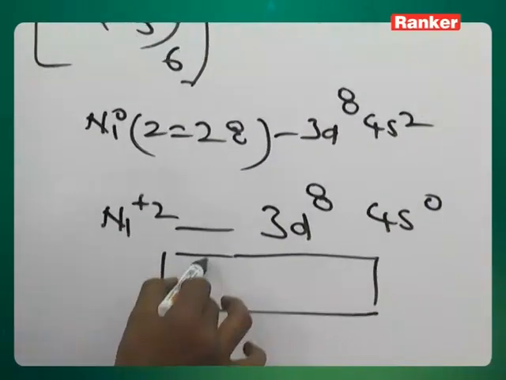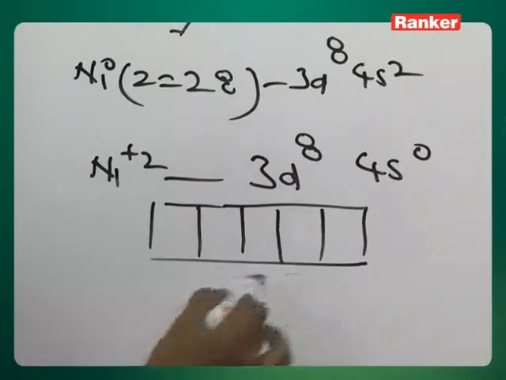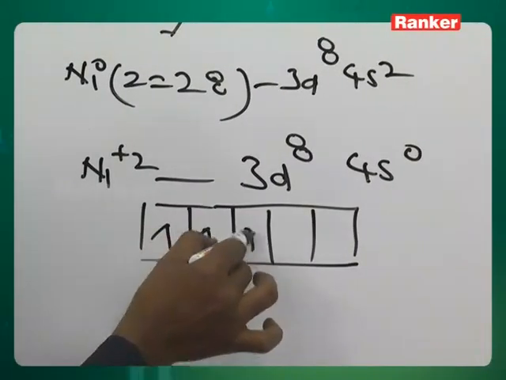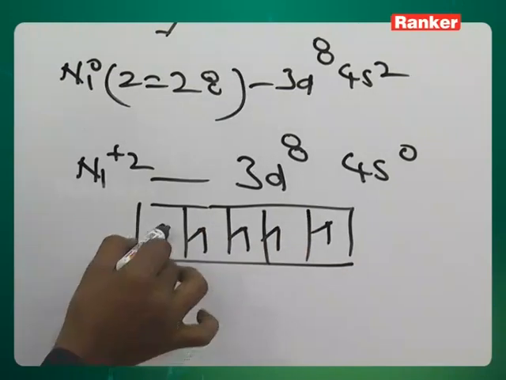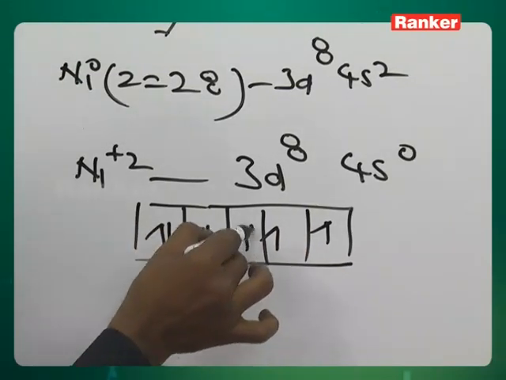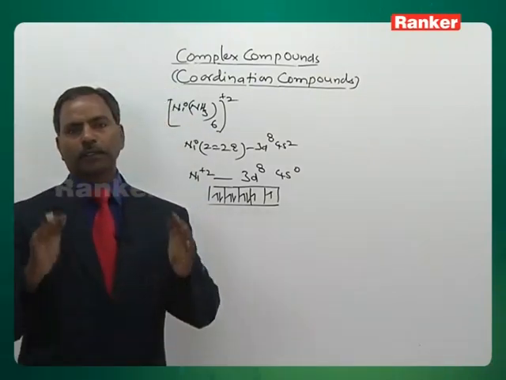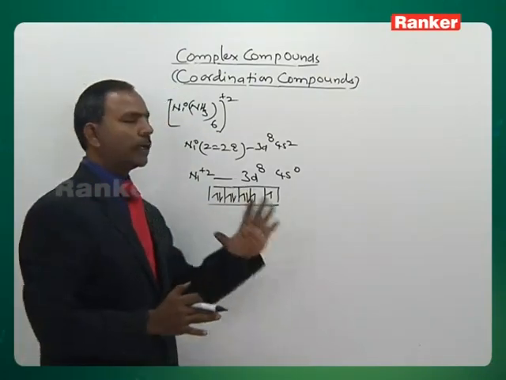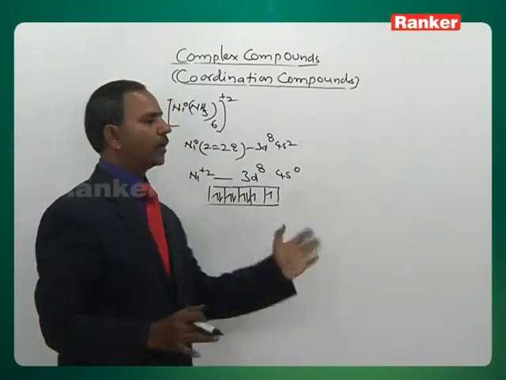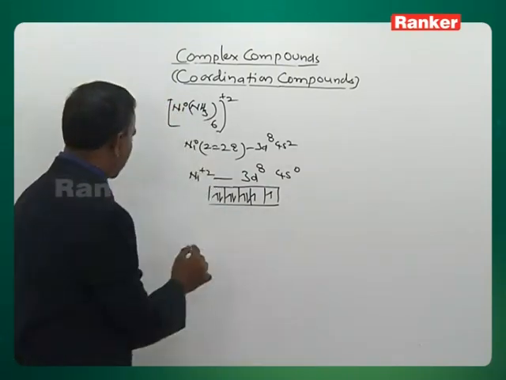The arrangement of 8 electrons in the d orbitals, 1, 2, 3, 4, 5, 6th electron, 7th electron, 8th electron. This is the arrangement of electrons in 3d8 configuration for nickel plus 2 in the free metal ion. Now let us write the complex.